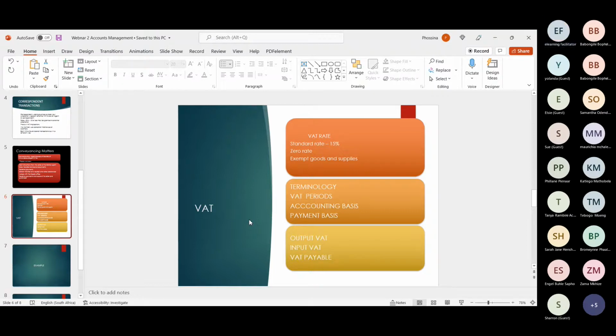Okay, the next one is the zero rate. The zero rate does not really apply to law firms or accounting firms. It's a rate that was put on certain goods to ease pressure on households.